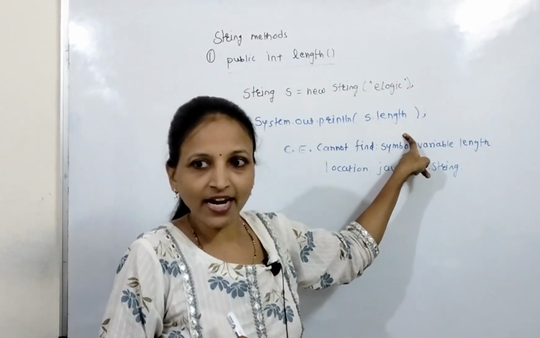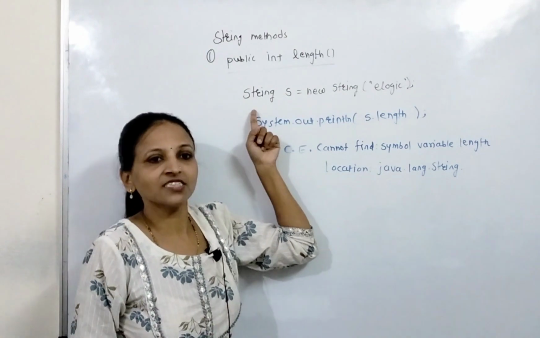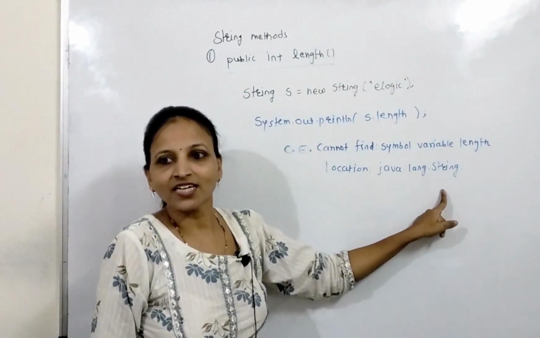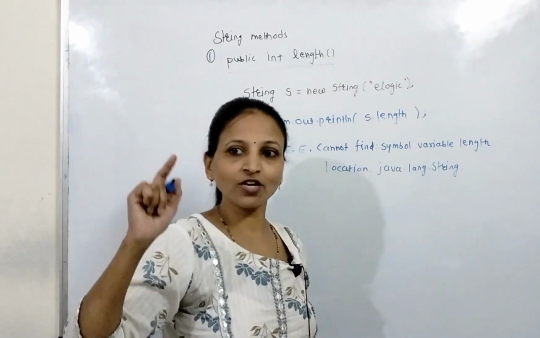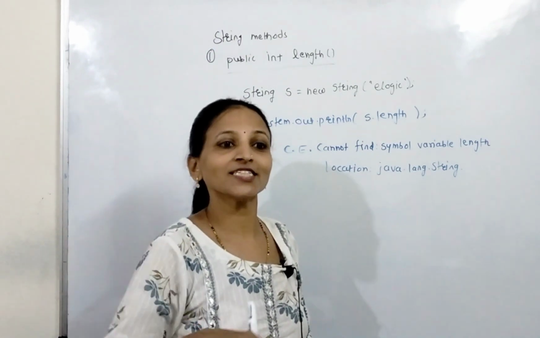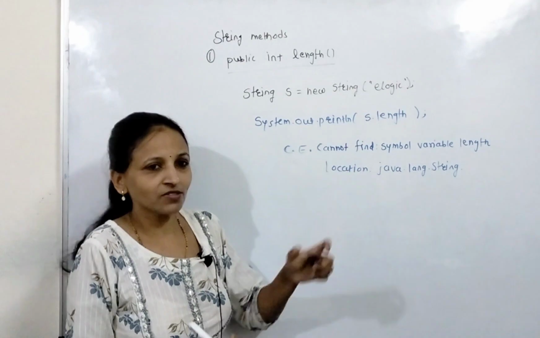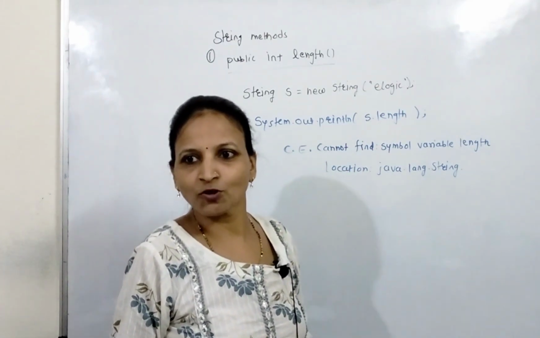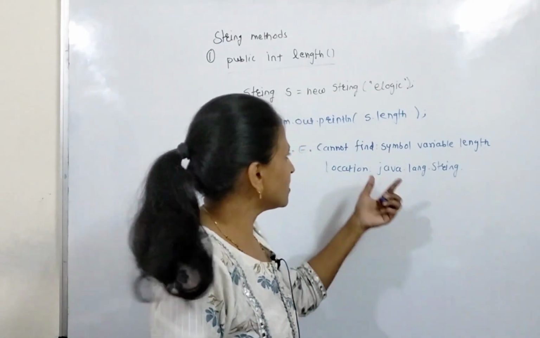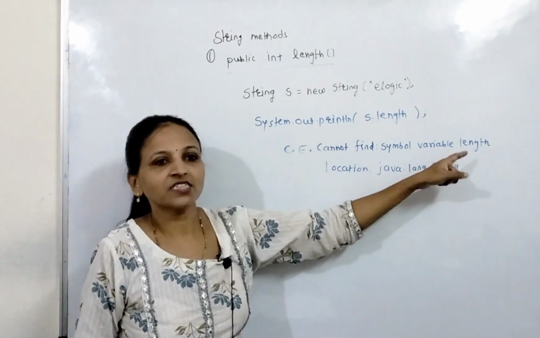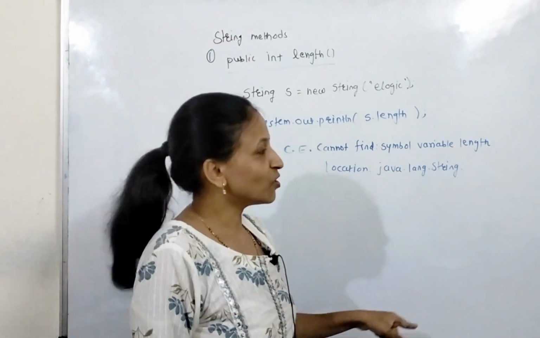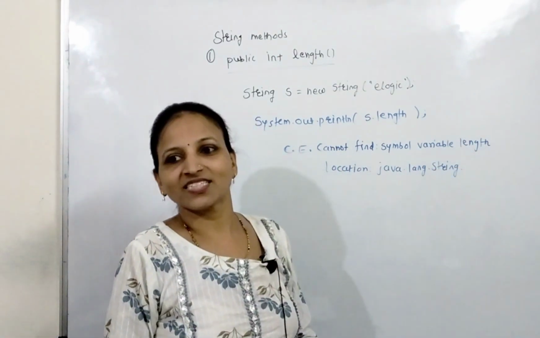In which package is String present? The java.lang package. So it will go inside the java.lang package, go inside the String class, and check for the length property. It will not find it, because it is not present, and that's why it will raise an error like cannot find symbol variable length, because there is a length method present.